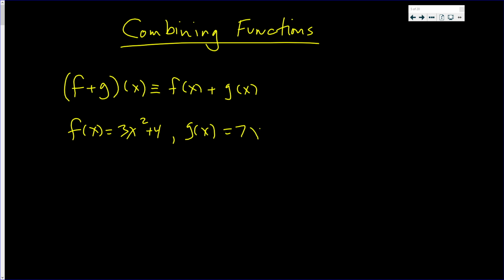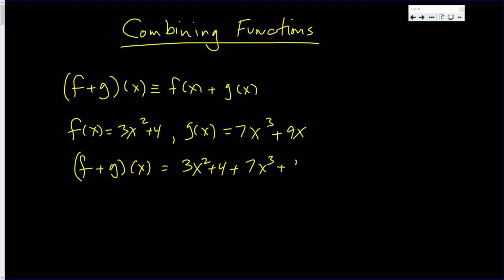of x is 7x cubed plus 9x, and you are asked to find f plus g of x, just add them. This is f of x plus g of x. And there are no like terms. How do I know? Because these are the terms.